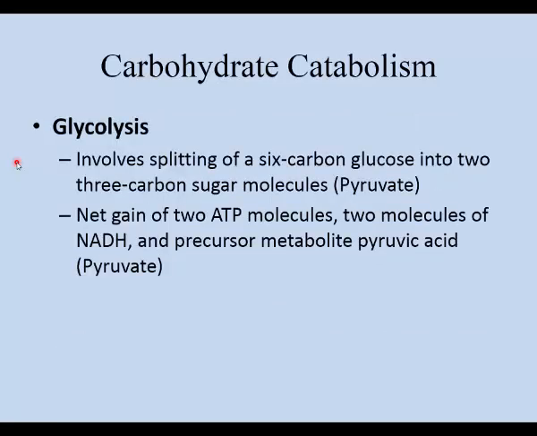Now let's look at glycolysis under the respiration set of reactions. Glycolysis is the splitting of our 6-carbon glucose into two pieces, and these are called pyruvates. So glycolysis breaks glucose into two pyruvates. And so you start with glucose. Glucose gets broken into pyruvate.